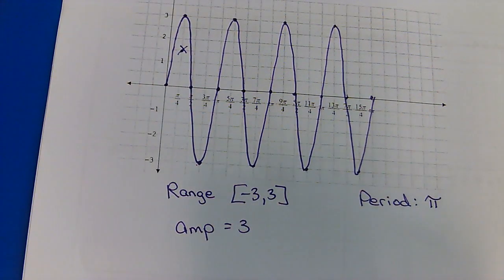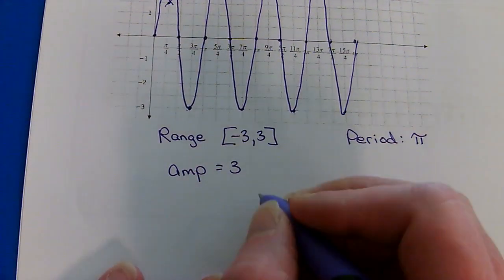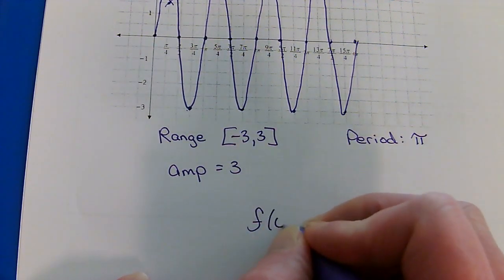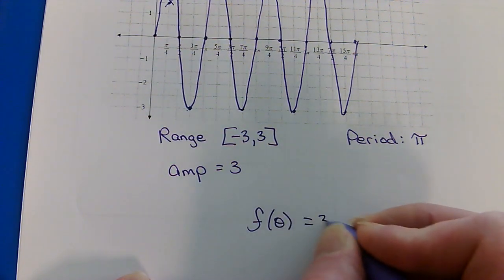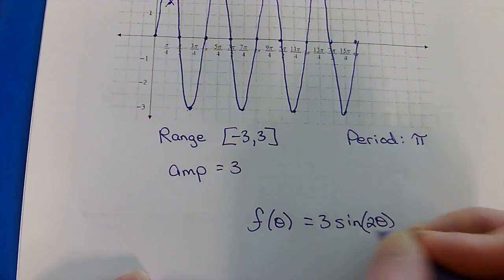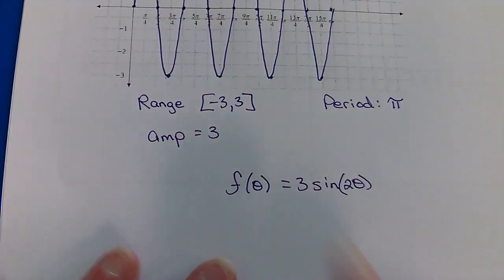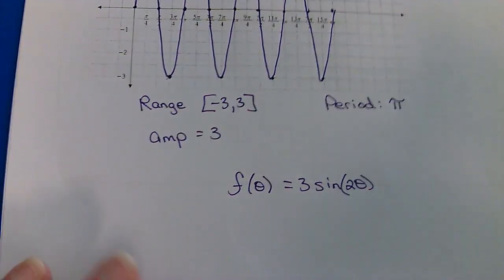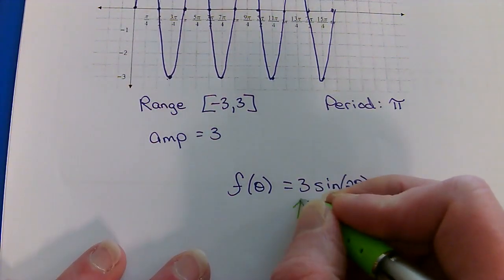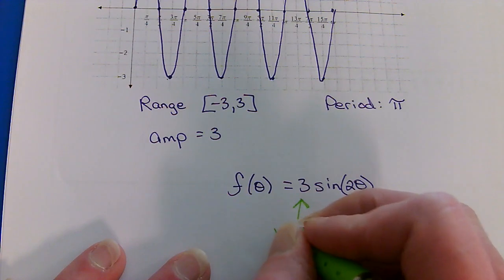Now, looking at the equation, there's some things that the equation told me, so we'll talk about that. When we have a number, and technically that should be in parentheses, in front of our graph, what that did was it vertically stretched by 3.